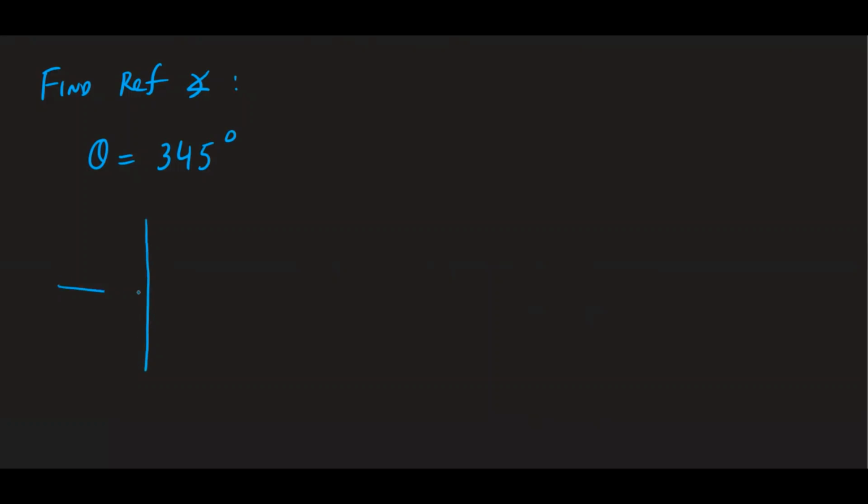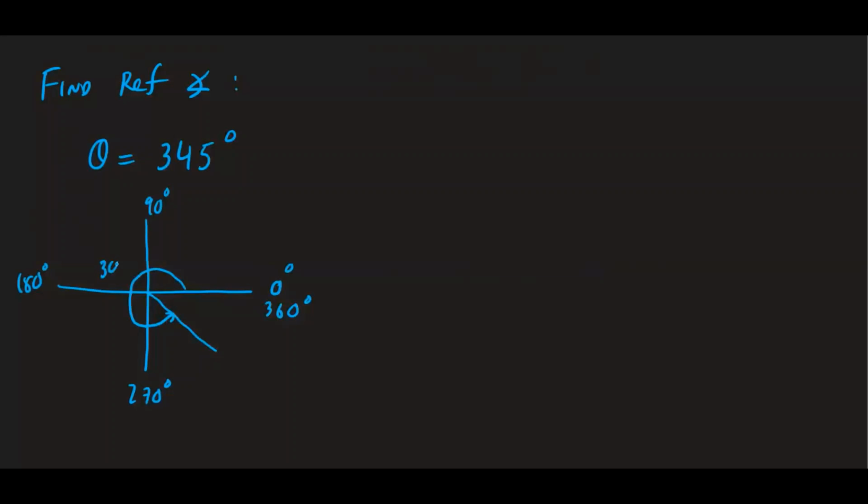So here's our coordinates plane. So we know this is 0 degrees, this is 90, 180, 270, and 360. So 360 is exactly the same as 0. So 345 is between 270 and 360. So we can say that the angle terminates right here.